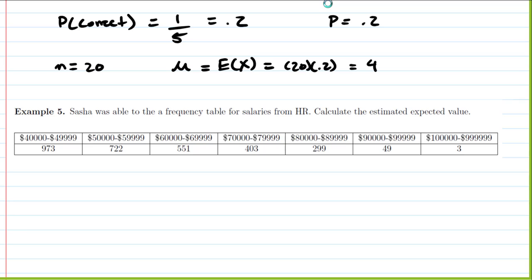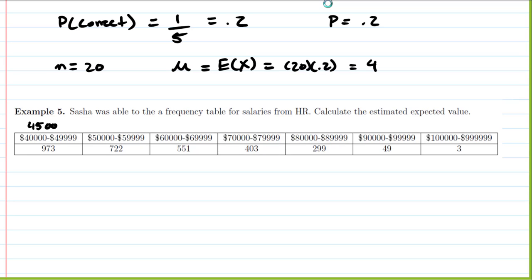So the midpoint of 40,000 to 49,999 would technically be 89,999 divided by 2. But let's just fudge that a little bit and go 45, 55, 65, and so forth.